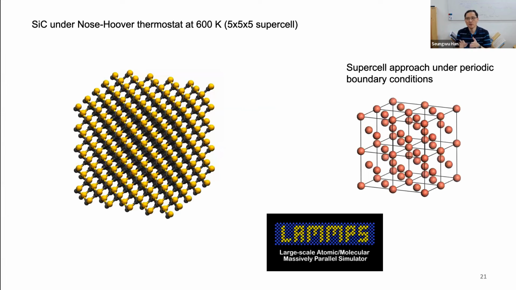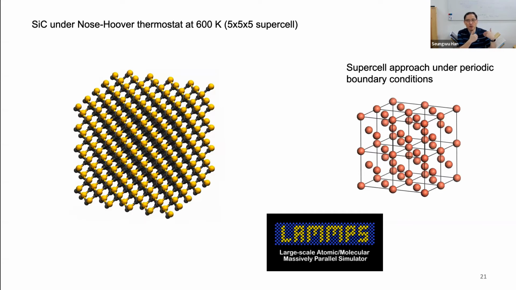So then I will show you an example of a classical MD simulation. This is silicon carbide. We also have a thermostat, and it is carried out at 600 Kelvin. So this is the system that we are simulating, but this is not an isolated one.